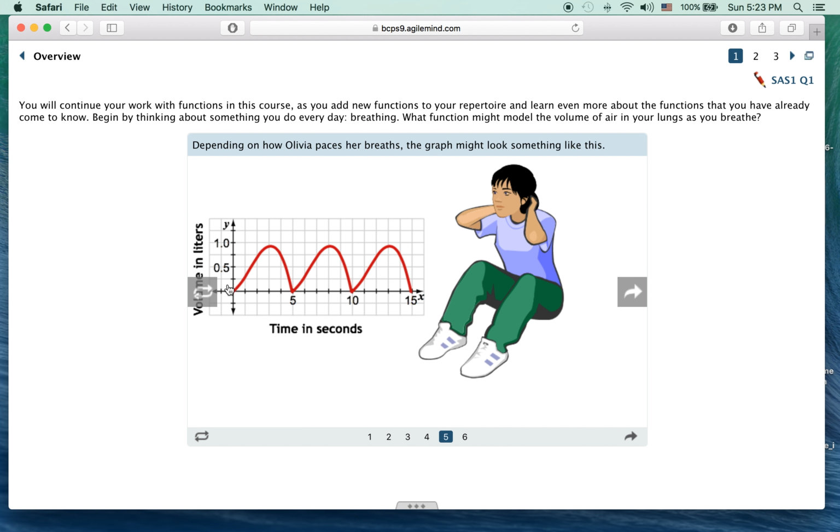Now, this is not symmetric. Each one of these parts of the graph is asymmetric. And the quadratic function, even if you translate it or whatever transformation you do to it, you can't really make it asymmetric unless you add another function to it. Now we're going to be looking for just a pure function that we can adjust to fit some of this data.